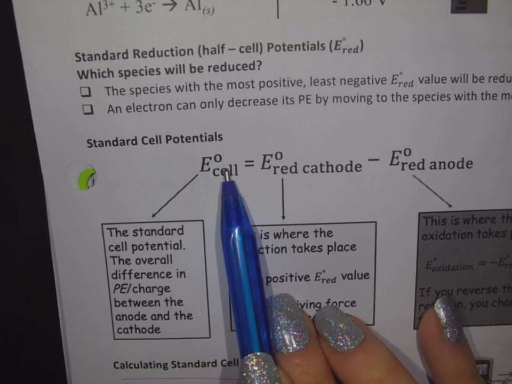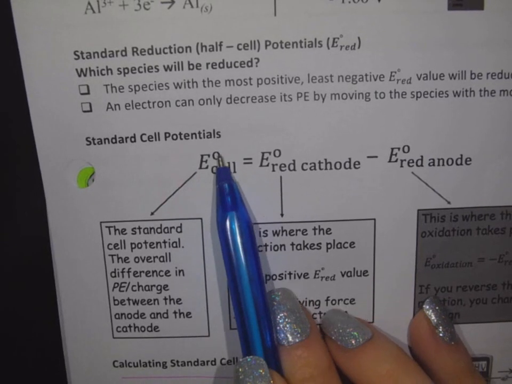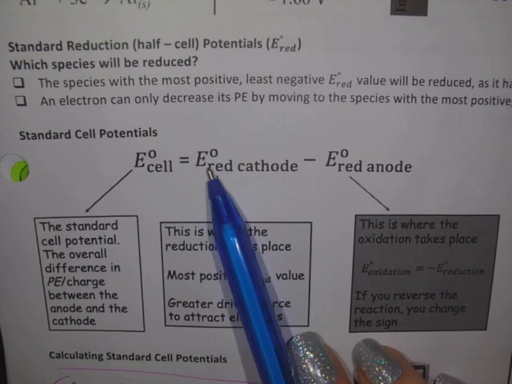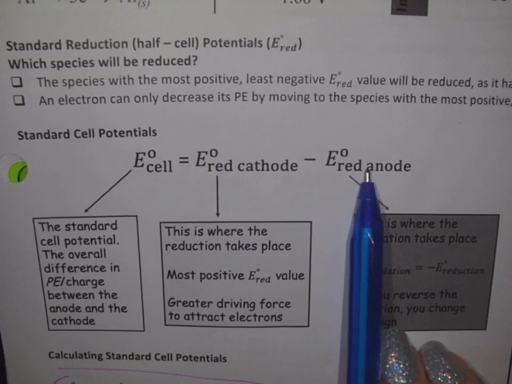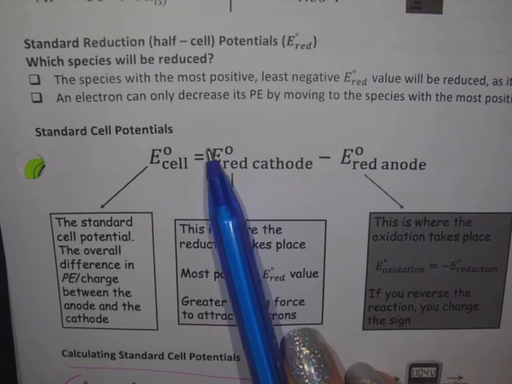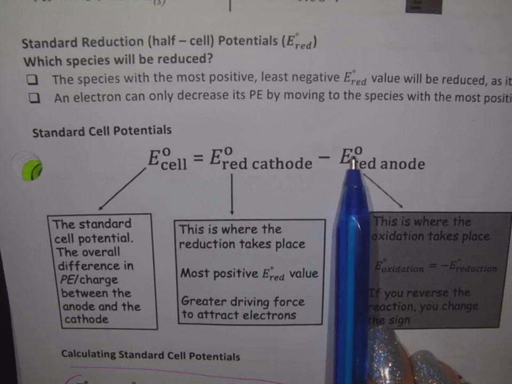Positive means that we're getting positive voltage, like the battery's working. So your goal is for this to be positive, and it's going to be the E of one metal minus the E of another metal. It's going to be the voltage of one metal minus the voltage of another metal. One's the cathode, one's the anode.